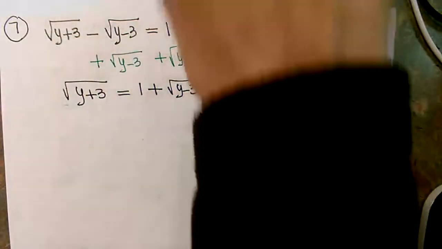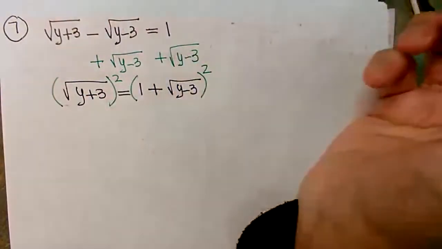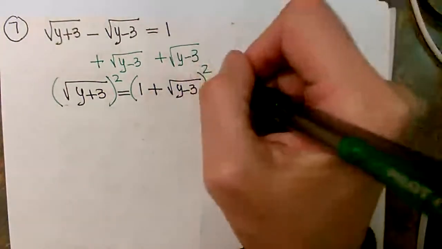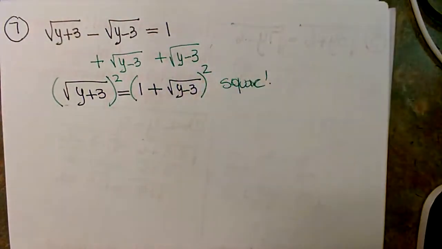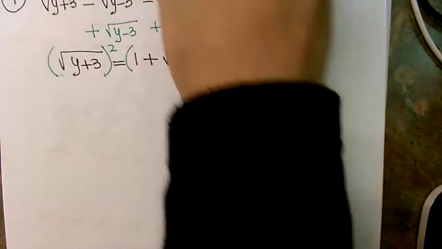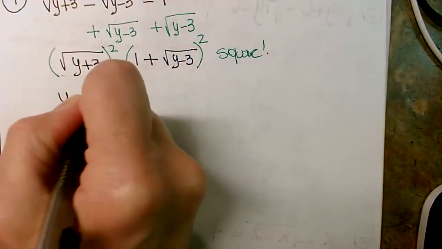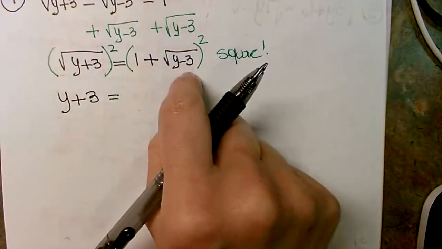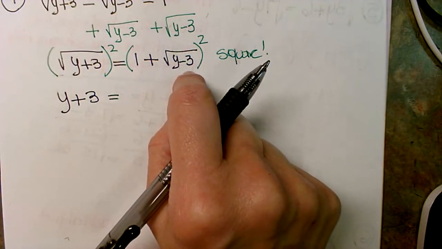Now, I need to square both sides. Right? So then this one, we get y plus 3. From here, it's just like the one that we just did, x minus 4.